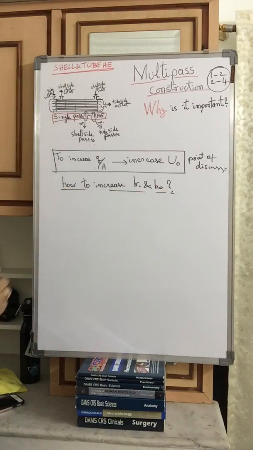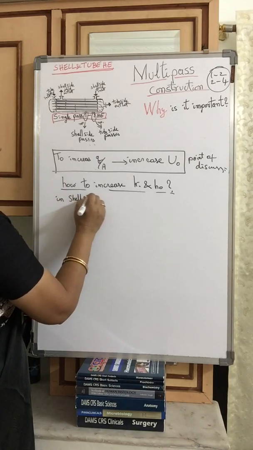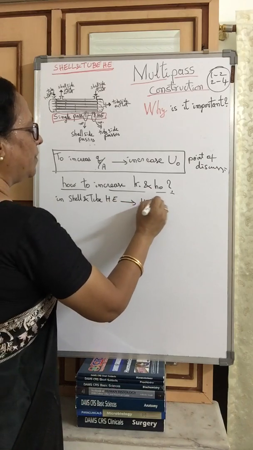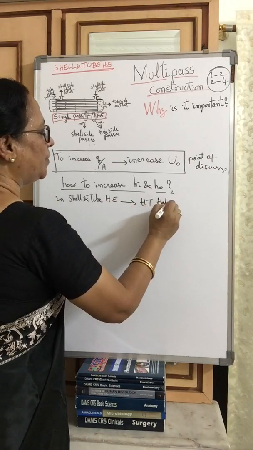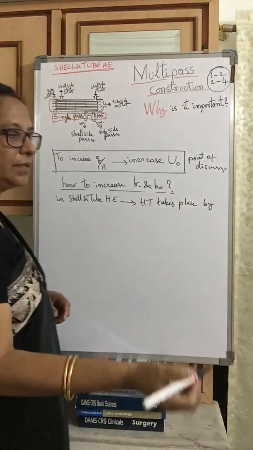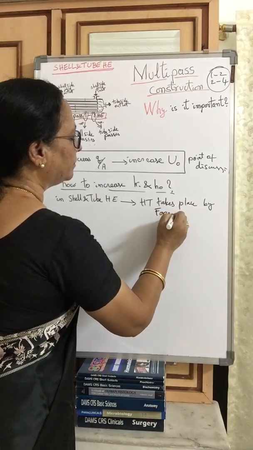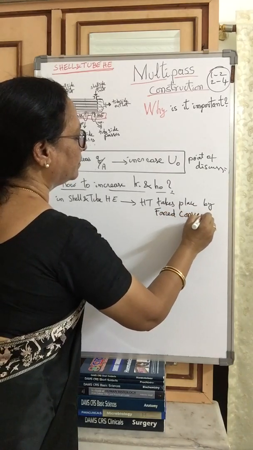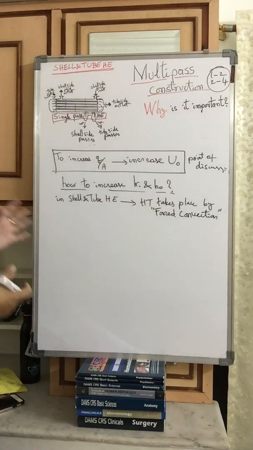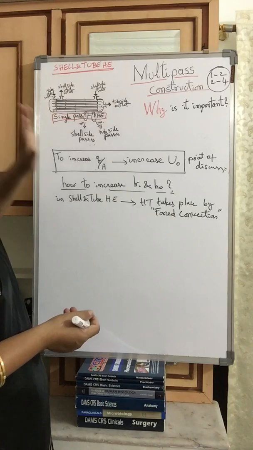In a shell and tube heat exchanger, heat transfer takes place by which mechanism? By forced convection, because we are pumping the fluids through the heat exchanger at a certain velocity.